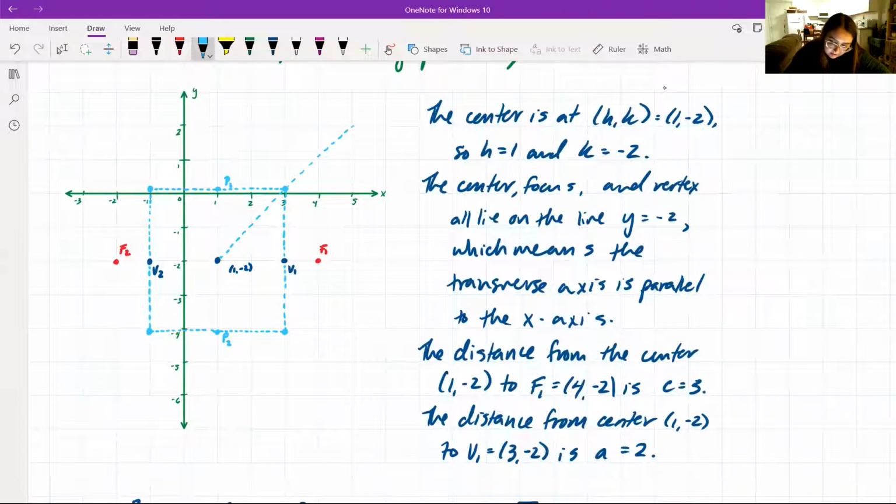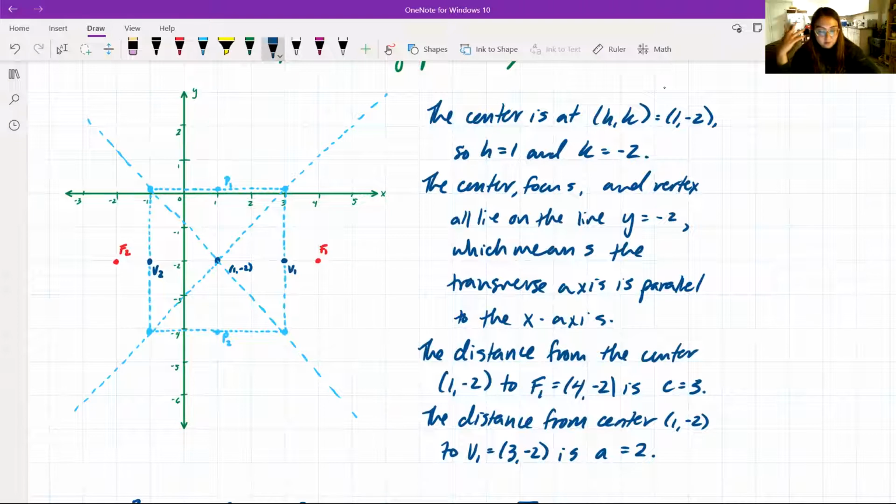So let's draw these out. They look something like this, and something like this. So that's a rough sketch of our graph. Those are the values that we ended up getting.